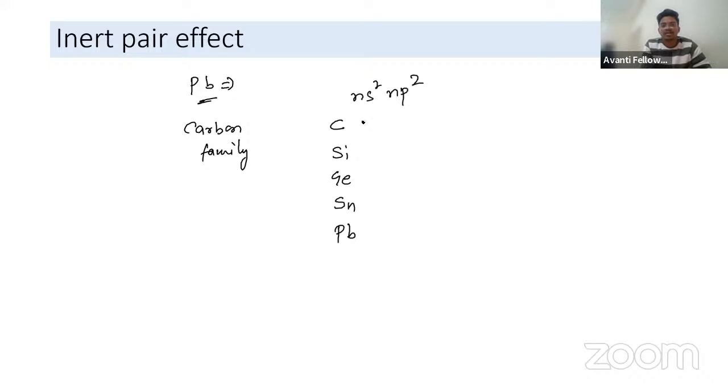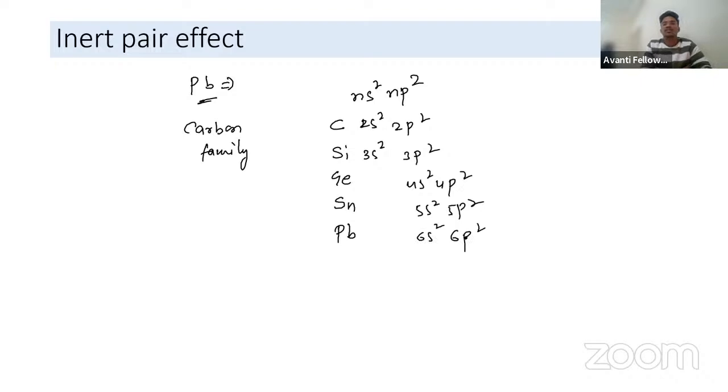That is, this will become 2s2, 2p2, 3s2, 3p2, 4s2, 4p2, and here 5s2, 5p2, 6s2, 6p2. So the outer electronic configuration is 6s2, 6p2.